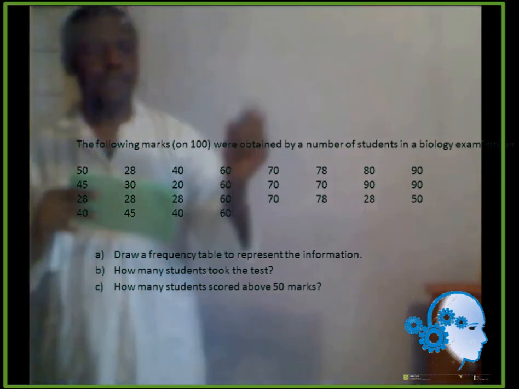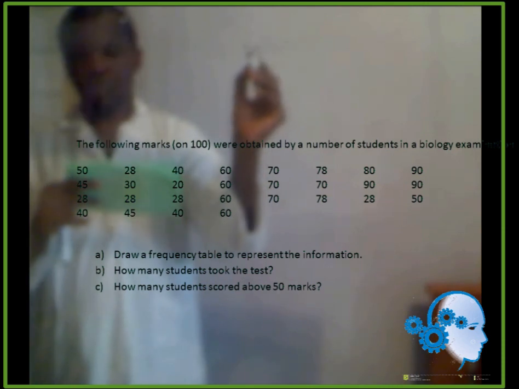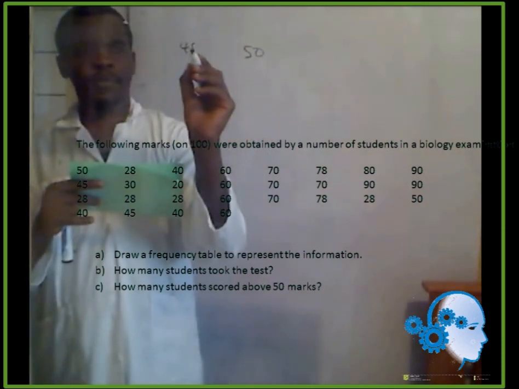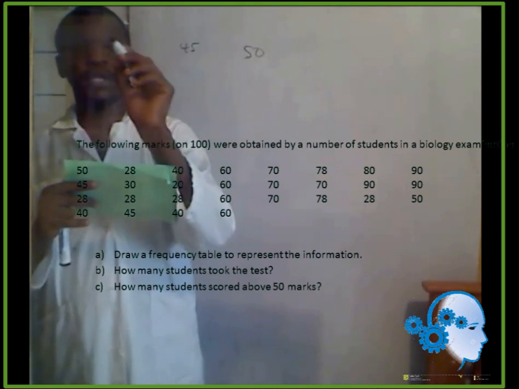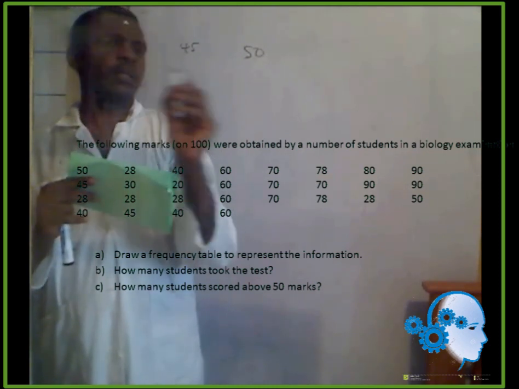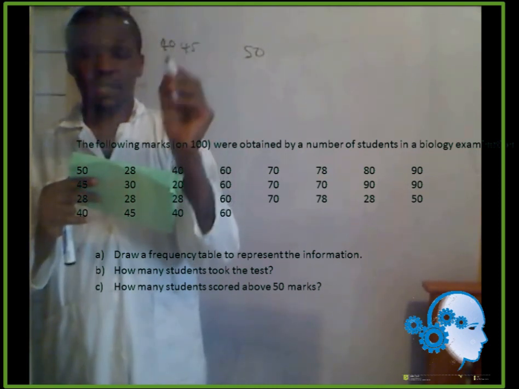So I see that I have 50, I have 45, I have 28, there is 40, which is somewhere there.